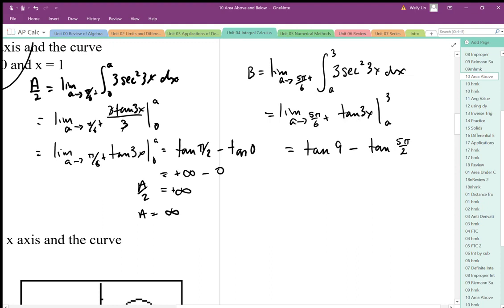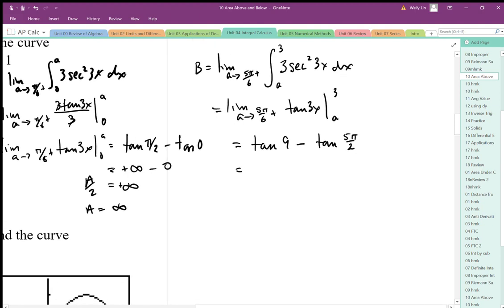Did I do that right? 5 pi times 3 divided by 6 is going to be 5 pi over 2. Yeah, that's right. Okay, so if I approach that from the positive side, that's going to be equal to negative infinity.